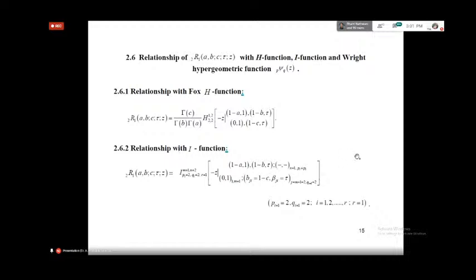And so here we can also establish this function in the form of this, which is your H function. One can also connect this function with the S function and the I function. The I function was given by Professor V.P. Saxena in 1982.